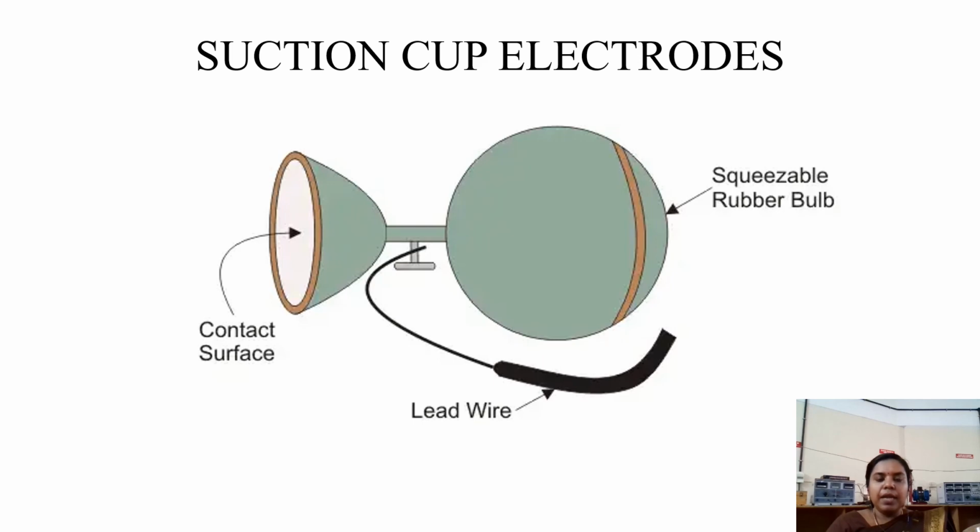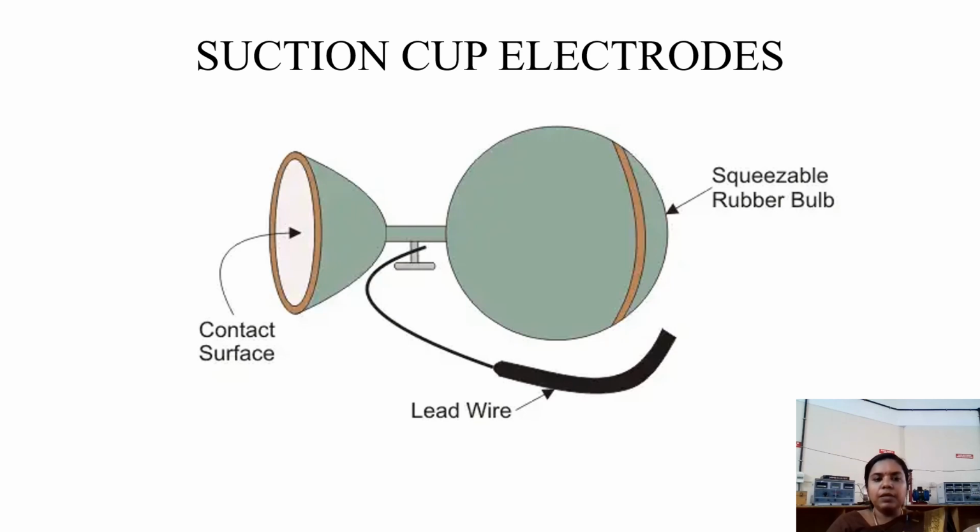The main point is that we can use suction cup electrodes only on a flat surface of the body or body parts where soft tissues are available. Only on that particular surface can we prefer the suction cup electrodes, and only in ECG measurement.